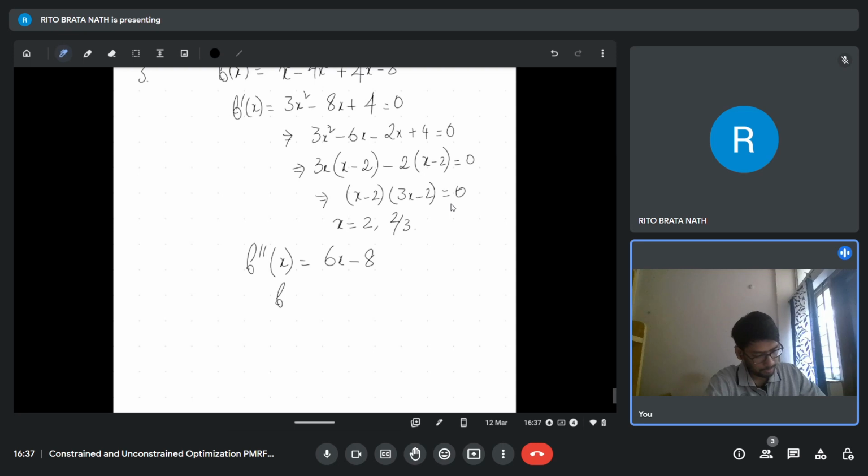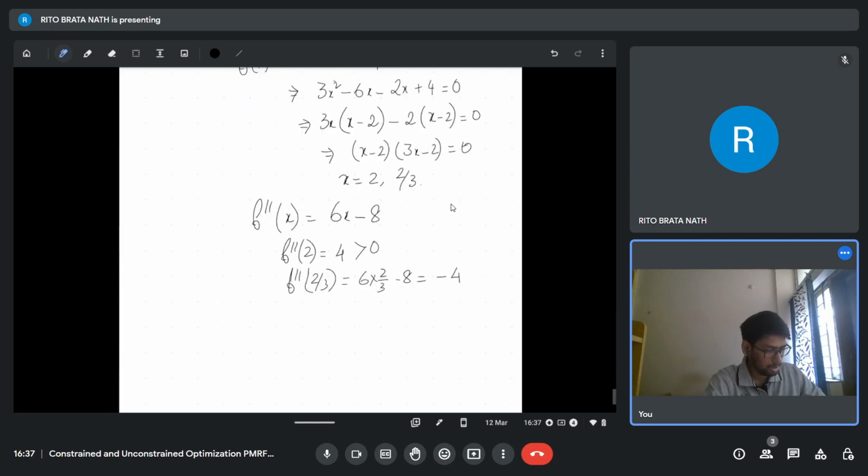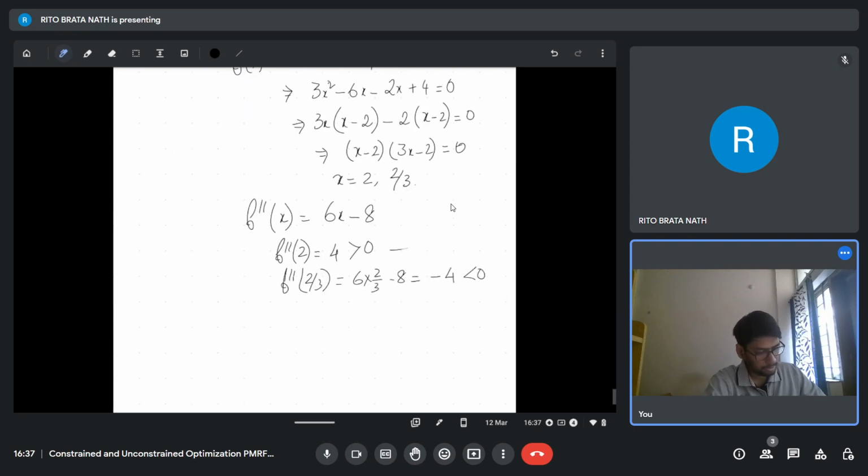So f double prime 2 is 4, which is greater than 0. f double prime 2 by 3, which is 6 times 2 by 3 minus 8. So that's minus 4. I'm not wrong. That's less than 0. So this is local minimum. This is local maximum.